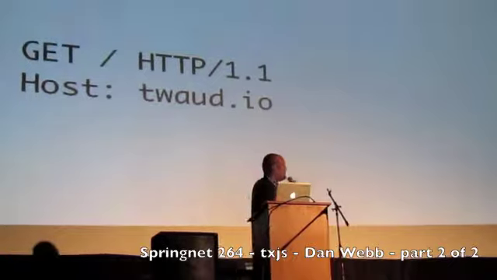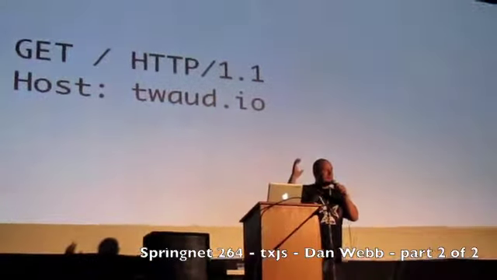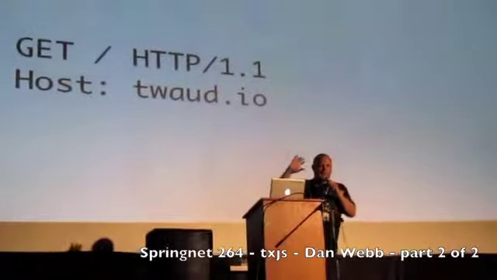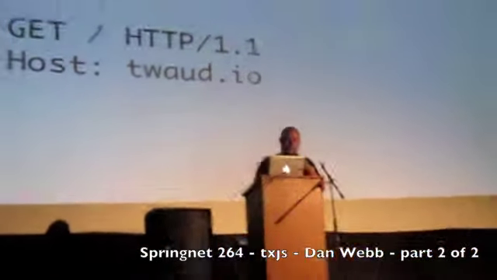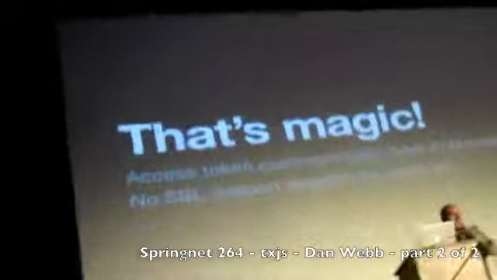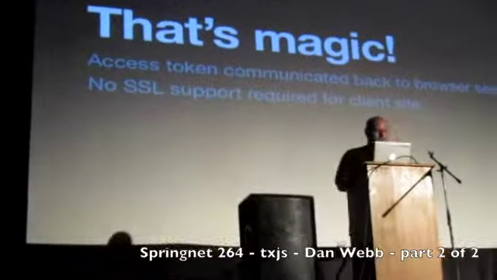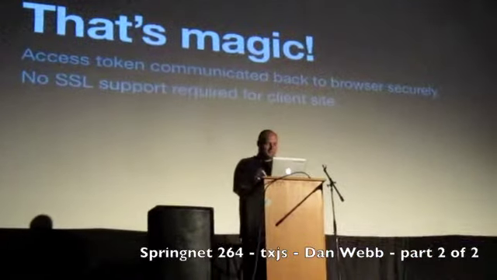It goes and uses this request to follow that redirect, and by that point the access token isn't sent, which is great because now we have redirected back to their client site, which doesn't necessarily have to be SSL, and we've given them the token in a way where it's never gone over the network in the clear. So the client site doesn't need to support SSL to be able to do this securely.